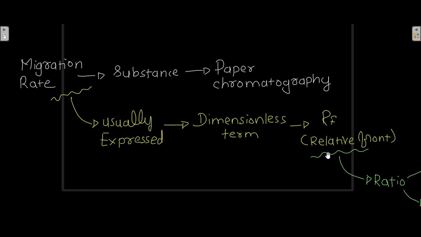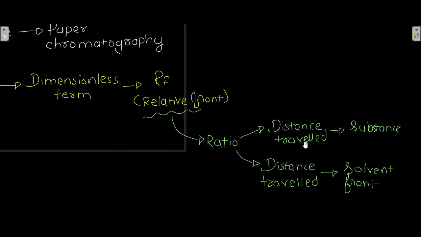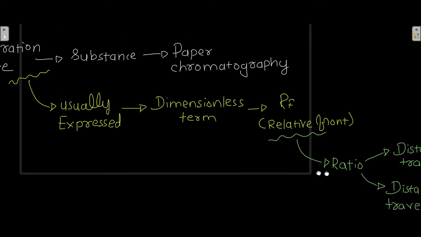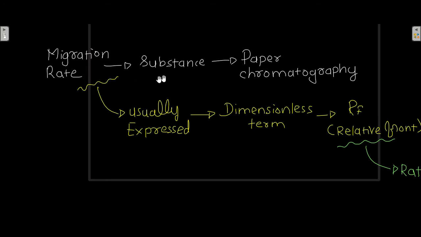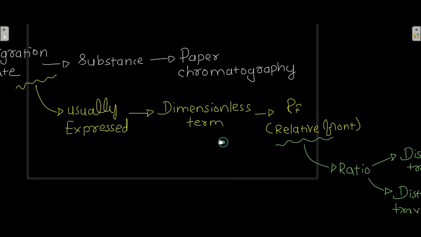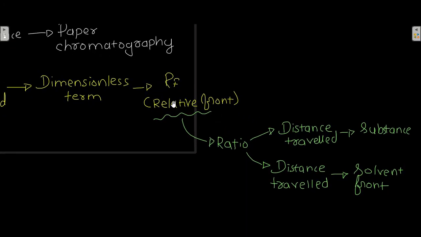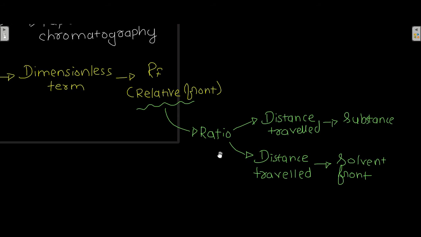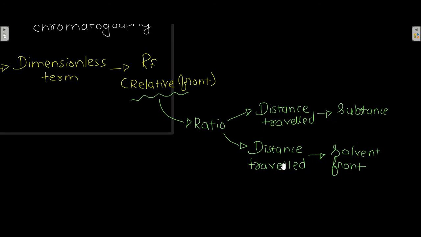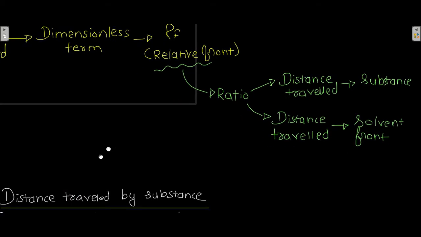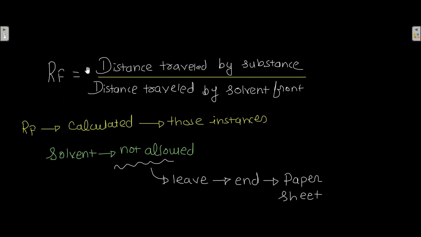This RF value is just the ratio of the distance traveled by the substance to the distance traveled by the solvent front. So RF is equal to the distance traveled by the substance divided by the distance traveled by the solvent front.